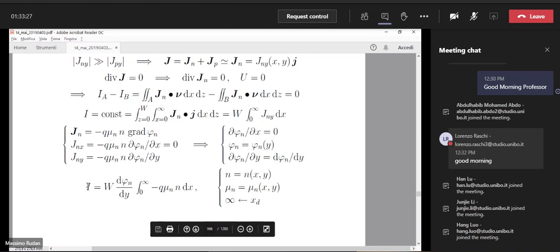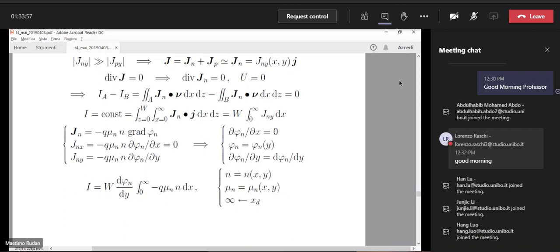So we find a somewhat simpler expression of the current, that is W times the derivative of phi n with respect to y times the integral of minus q mu n over dx. And this integral must be carried out from the infinity into the bulk. Okay.